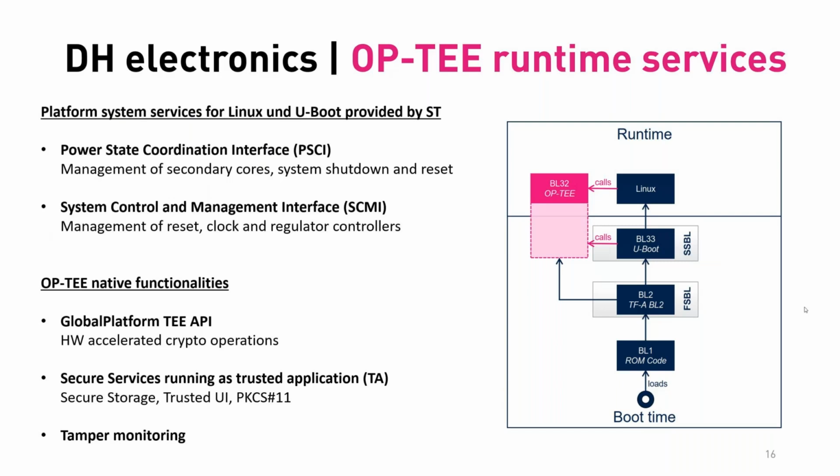And next, OPT also has native functionalities. These are provided for the users, Linux or the other OSs. That's mostly the global platform TEE API. Here we have hardware accelerated crypto operations, mostly security services like crypto operations or something like this.